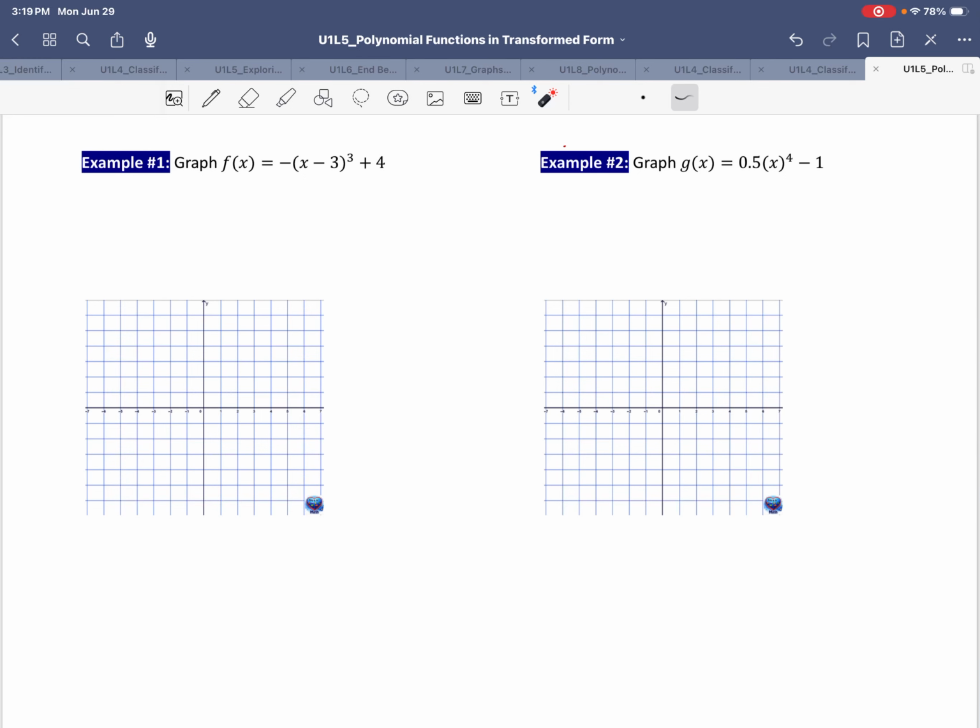We'll continue with some examples of applications of multiple transformations on the graphs of parent polynomial functions.